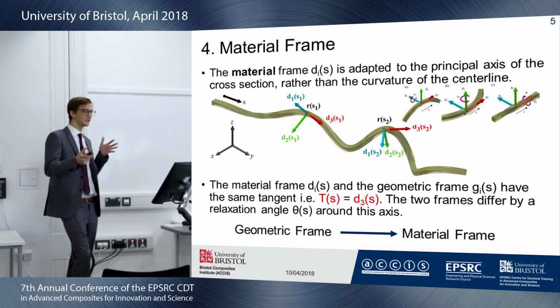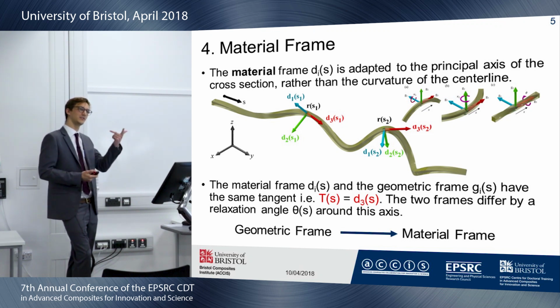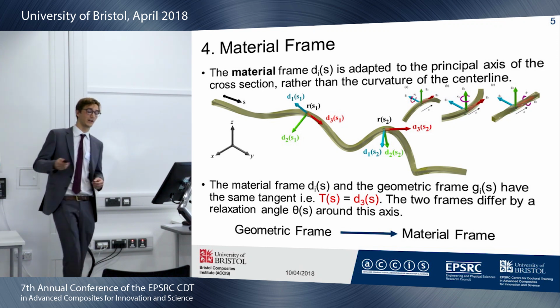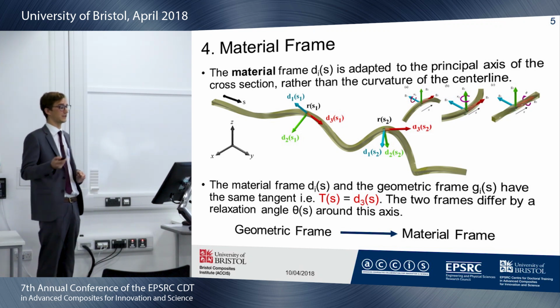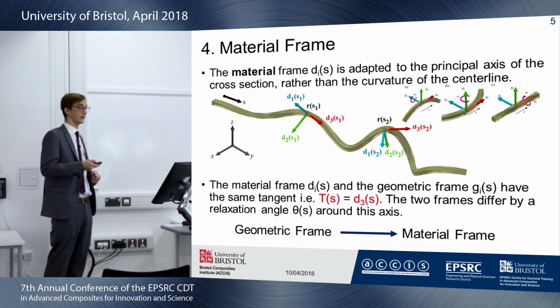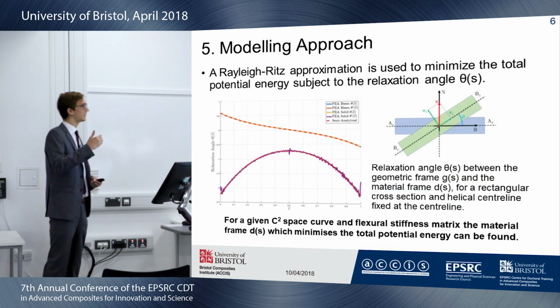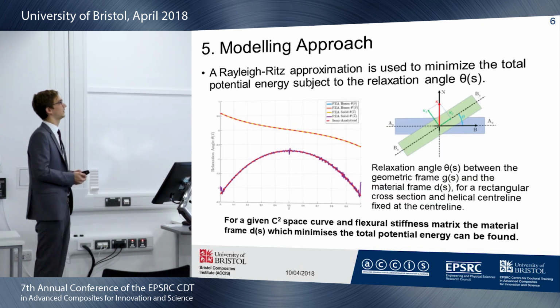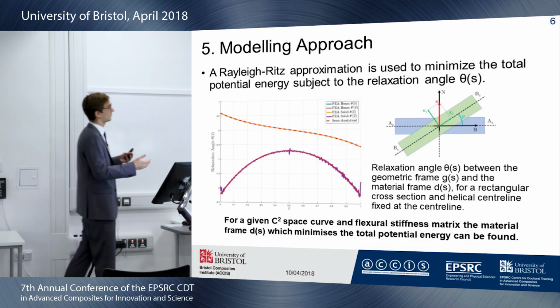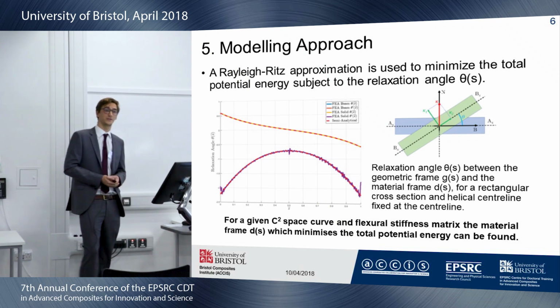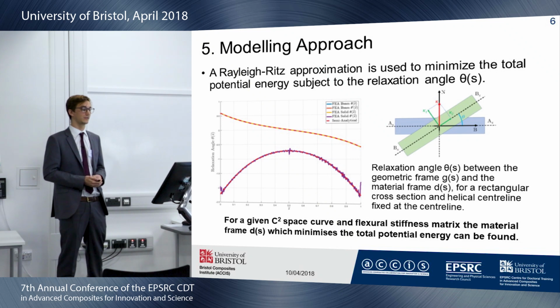And the difference between these two frames is purely the rotation around that axis. So there's infinitely many frames, but we wanted the one that minimised the potential energy of that frame. So what we did is we formulated the model in terms of the potential energy, and we minimised that using a Rayleigh-Ritz approximation subject to this rotation angle.